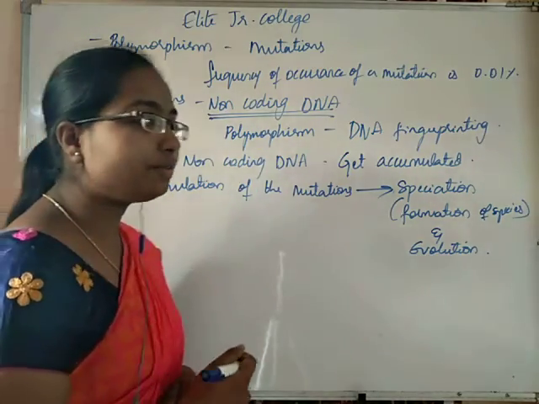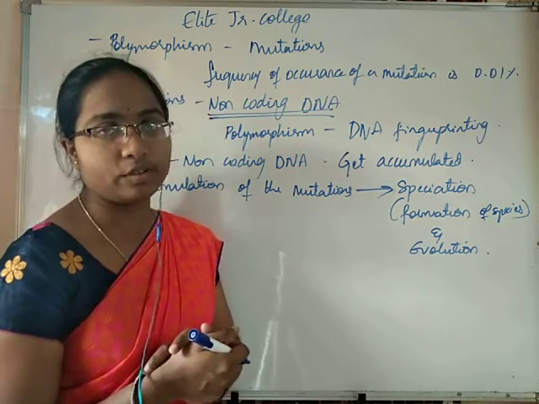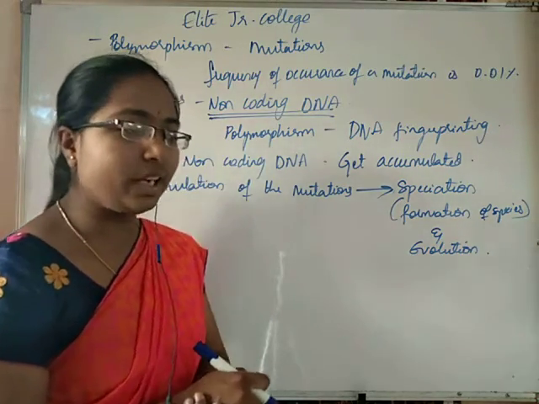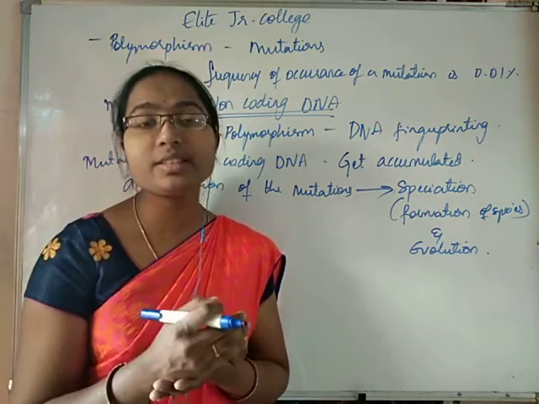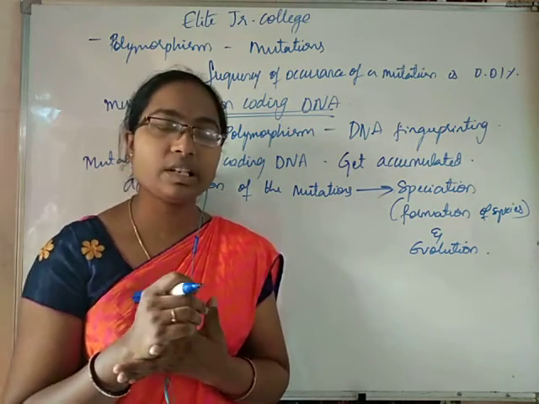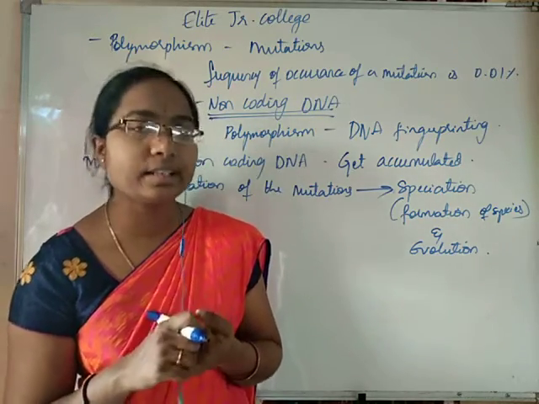So, students, no two individuals will show the similar polymorphism, because there are differences in the number of times the sequences are repeated, differences in the number of nucleotides that are repeated.